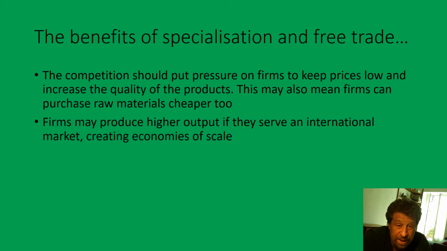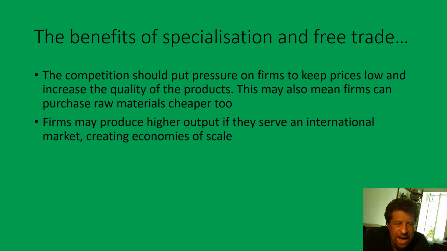And that also means that companies can purchase raw materials cheaper. If you know there's a lot of competition, it means that companies can keep their costs down by buying the raw materials with which they will produce much cheaper. So that should be also factored into the equation.